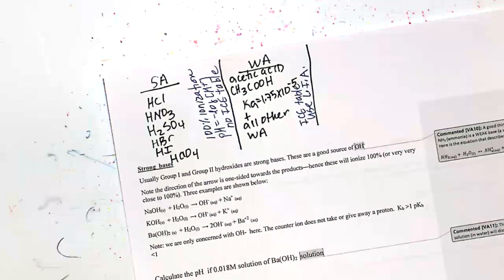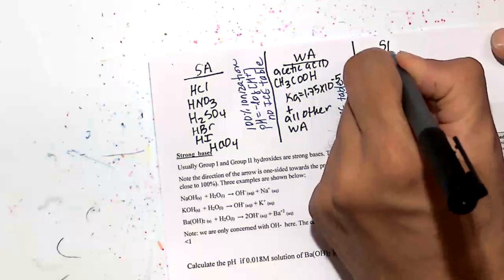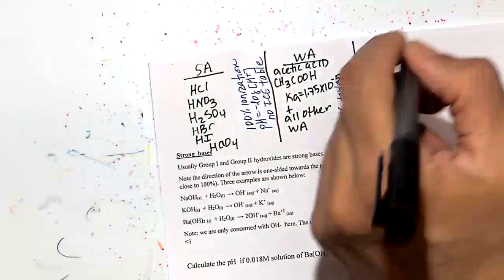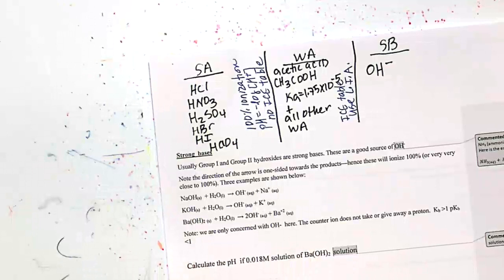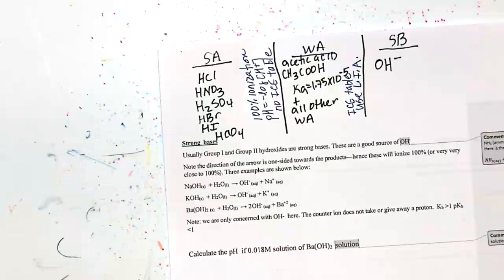All right. Next, we want to put in this list the strong bases, SB. What are our strong bases? Basically anything with OH minus. That's a strong base.